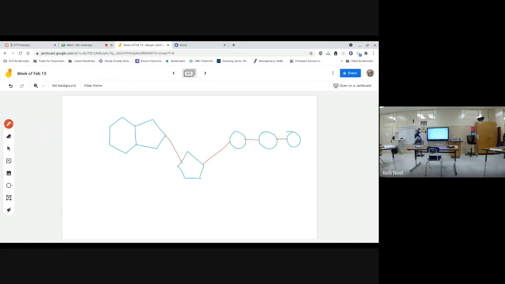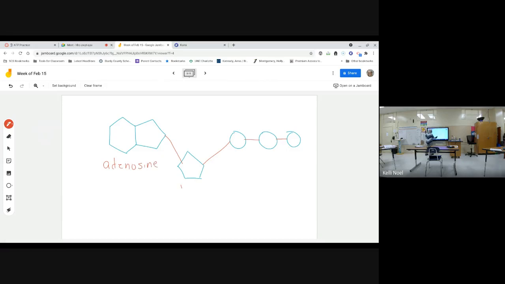All right, then it says to label. So we remember that this here is our adenosine. This is our sugar, which is ribose. And then these are our phosphate groups.